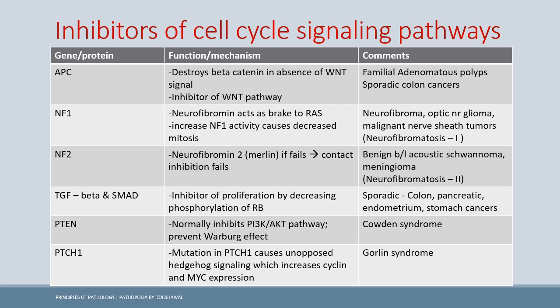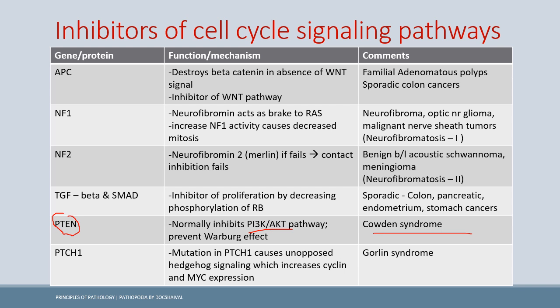The next one is PTEN. Recall we have discussed the PI3K AKT pathway, and there I also said that PTEN is the inhibitor of the PI3K AKT pathway, and hence it acts as a tumor suppressor gene, and the familial form is linked with Cowden syndrome.